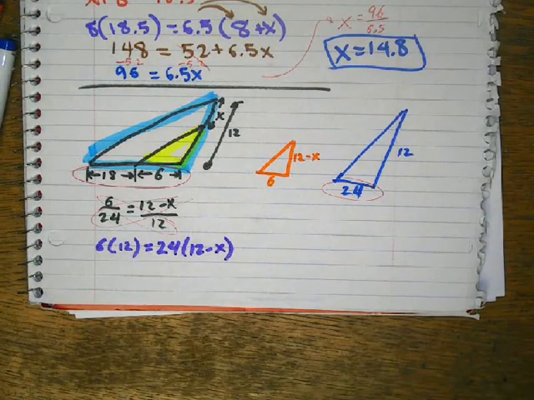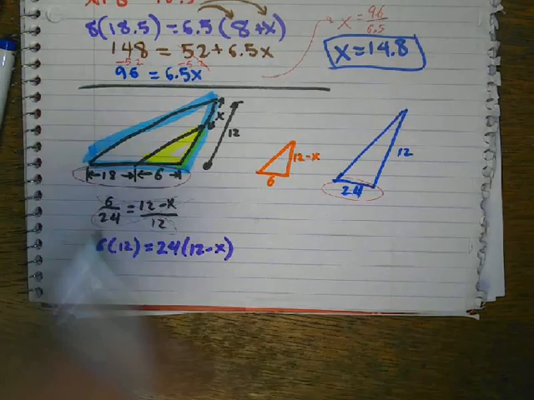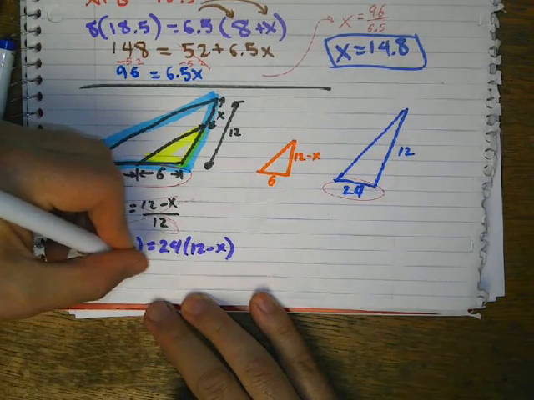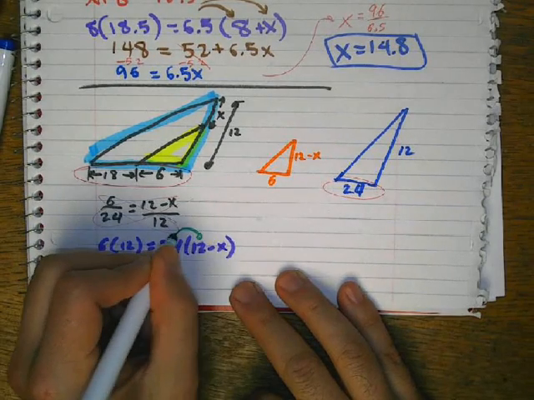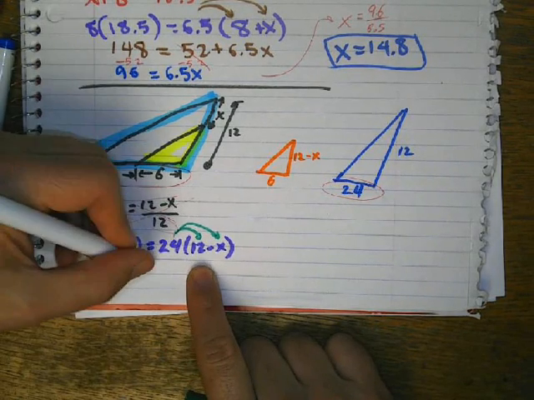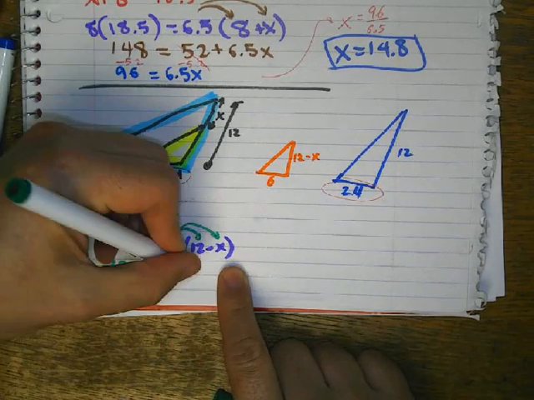And then I can multiply 6 times 12, and we get 72. And I can do distributive property with the 24. And we do, so 24 times 12 is 288. And 24 times x, we get minus 24x.